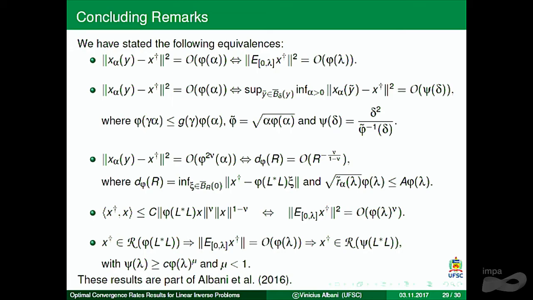And we have also proved that this convergence rate with noiseless data is equivalent to this convergence rate in terms of this distance function, which is given by this Hofmann inside this ball here. The distance of x dagger from the image of this ball through this operator.